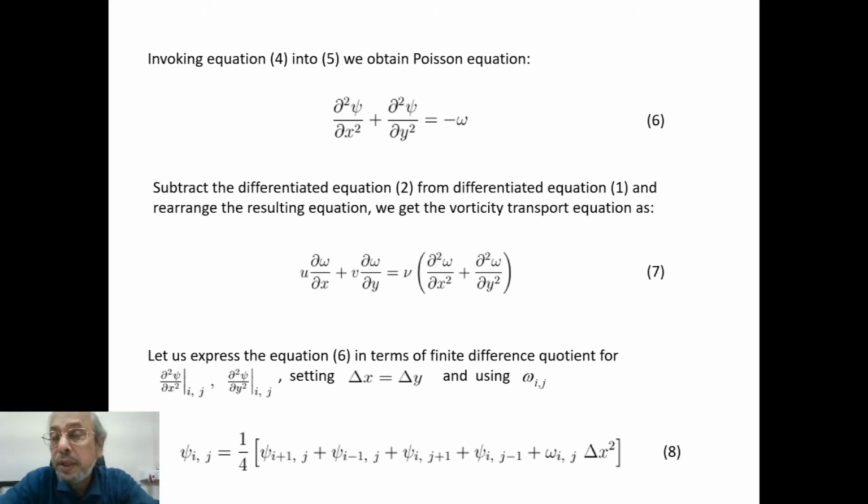We simplify the problem a little bit. And in usual stream function vorticity methods of solution, if we go for a finer grid, taking del x equal to del y is quite easy and rational. And then since we are discretizing at the point ij, this omega value we take as omega ij. And then we try to find out an expression for psi ij.